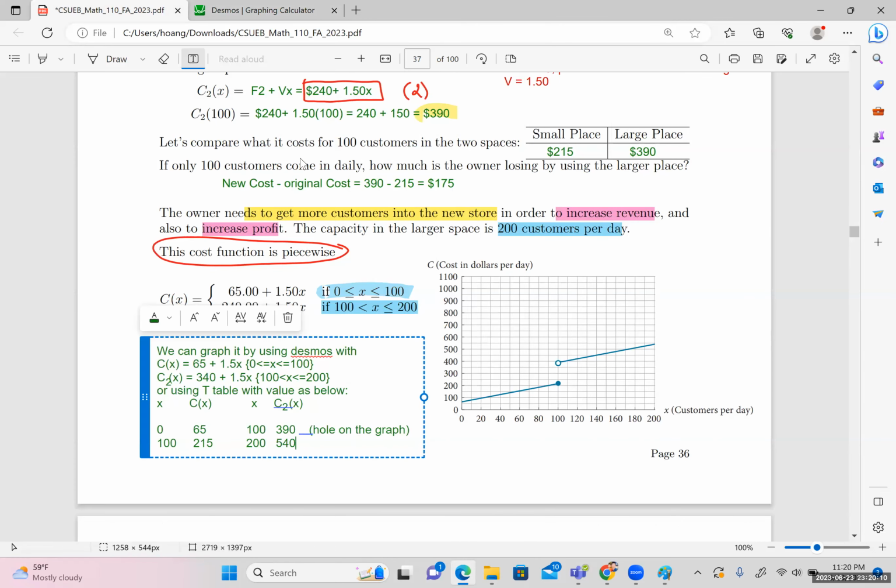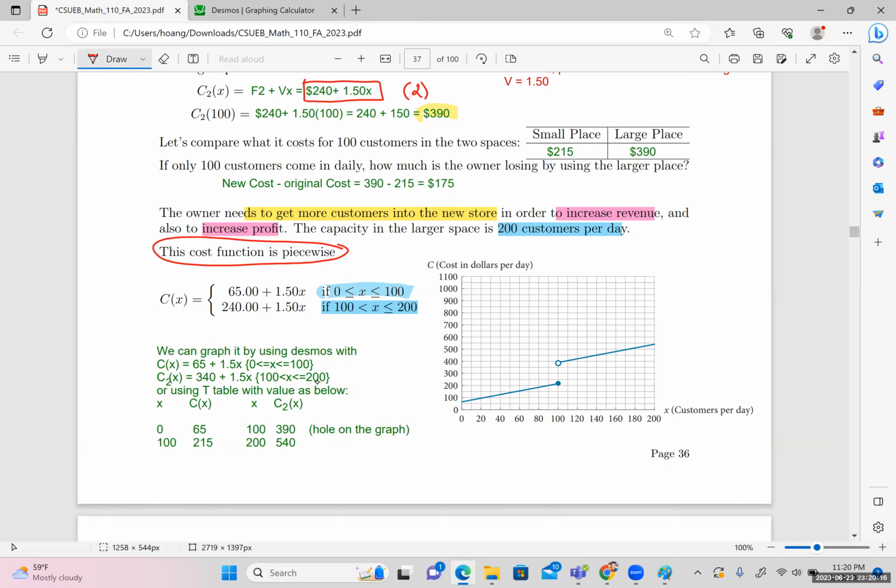So you can use that way to find the points on the graph, and then you can just connect those points together. Let me draw this for you.